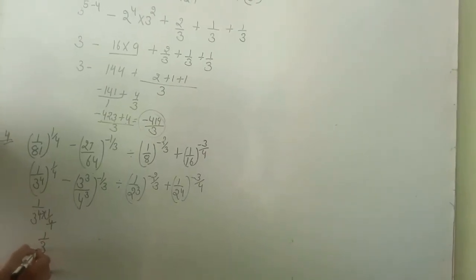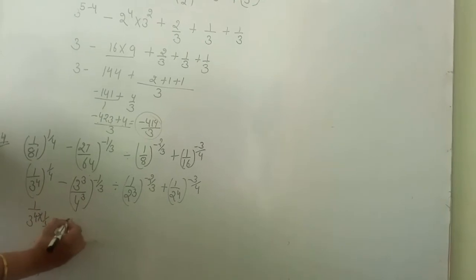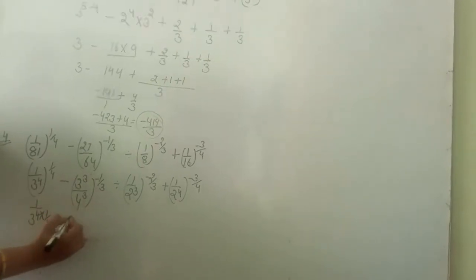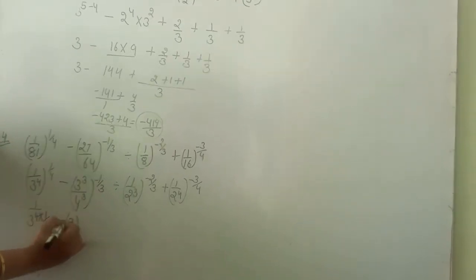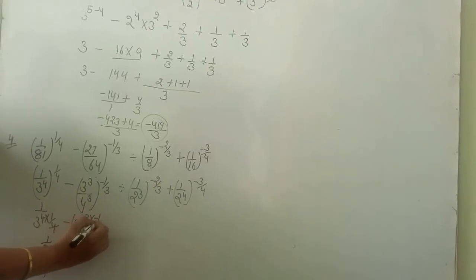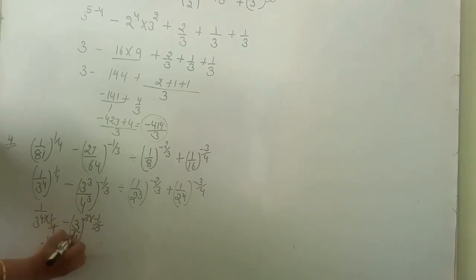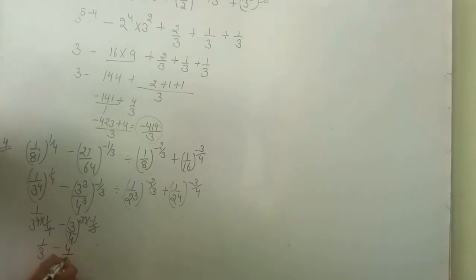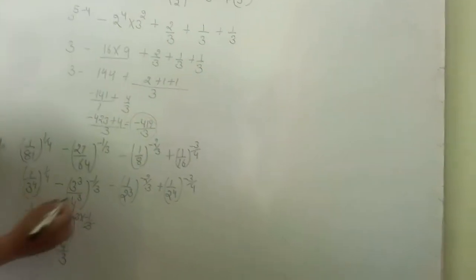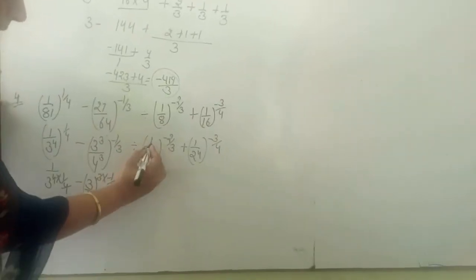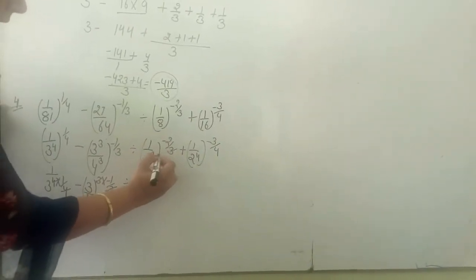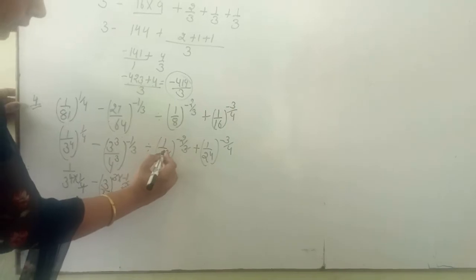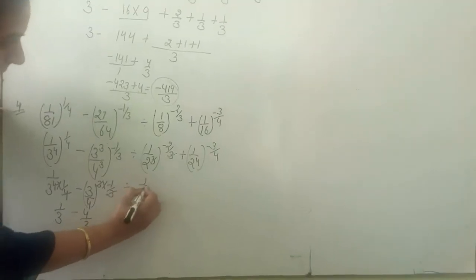Then (1/3) raised to the power -3, we can write (3/4) complete power 3, and the -1/3 cancel. Then (3/4) raised to the power -1 equals 4/3.